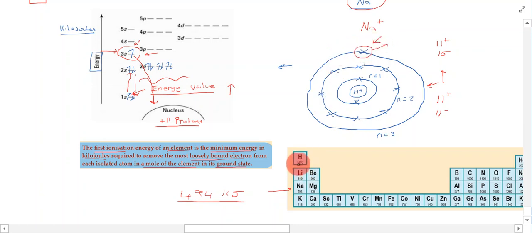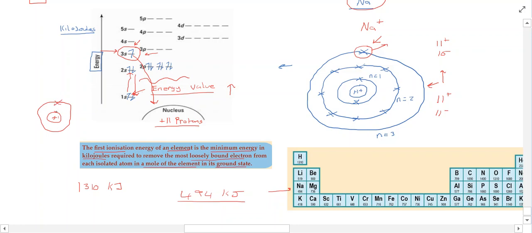Now, if we have a look up here at hydrogen, its first ionization energy is 1,310 kilojoules. That's significantly bigger than sodium. And that makes sense. If you think about it, you have a +1 nucleus, then one energy level, and within that one electron.